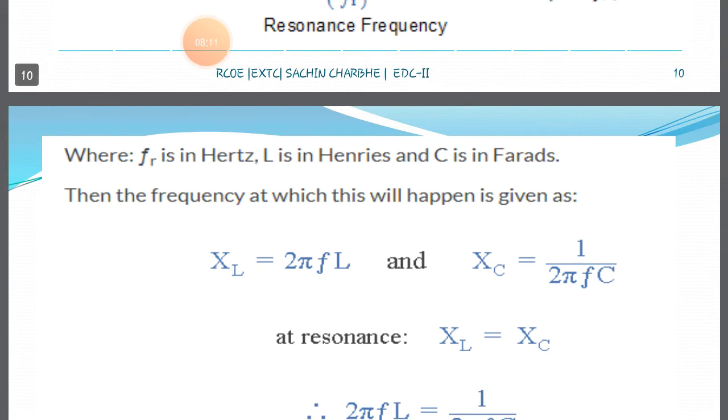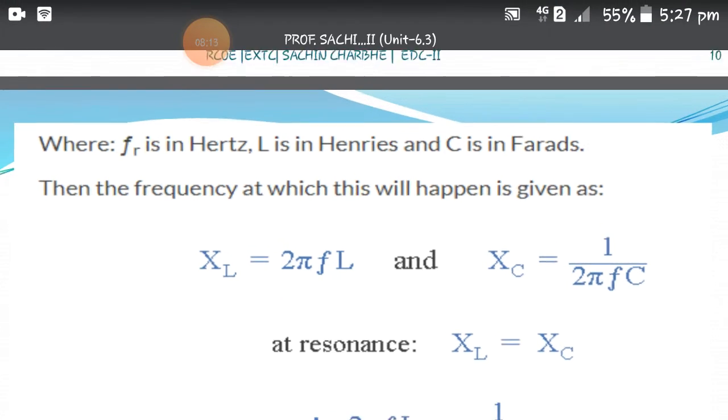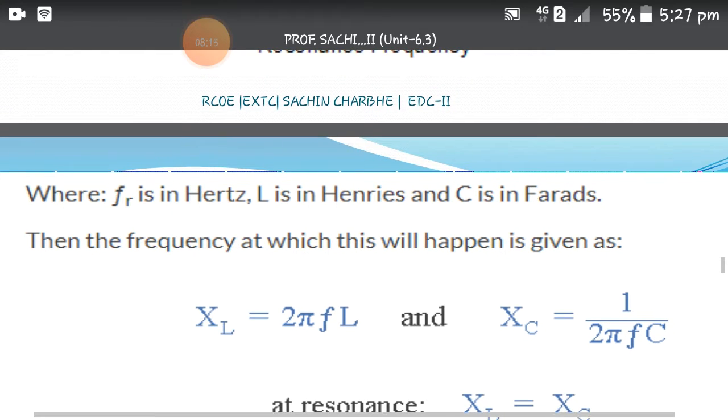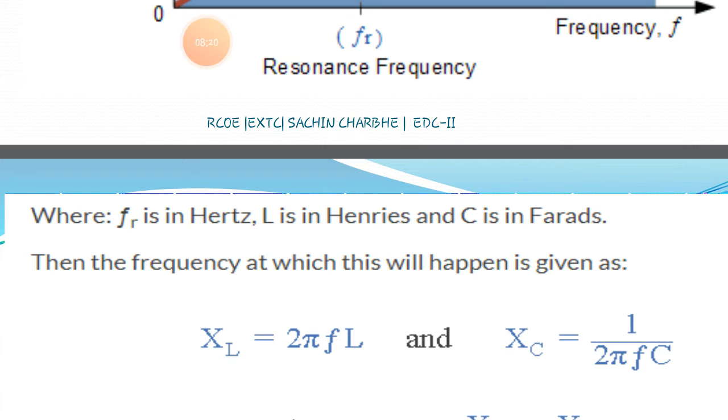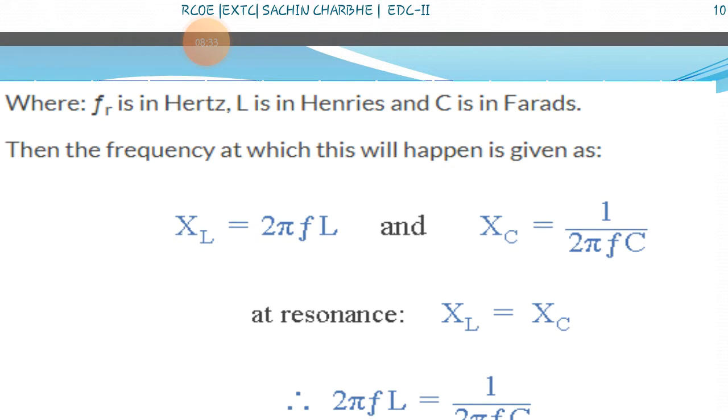Here fr, the resonant frequency, is in hertz, L is in henries, and C is in farads, meaning inductance in henries and capacitance in farads. The frequency at which this will happen is given by XL, the reactance of the inductance, which is 2 pi FL, and Xc, the reactance of the capacitance, which is 1 by 2 pi FC.